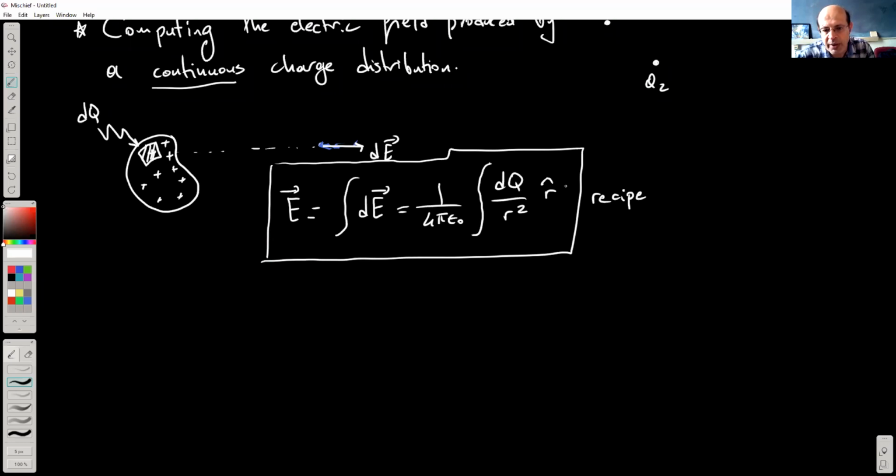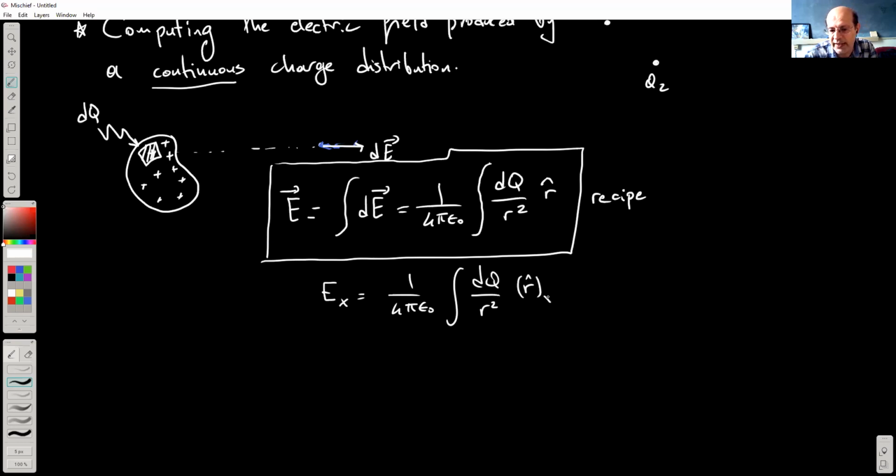Now I'm going to look at this r unit vector. That's basically an integral of a vector quantity. I know that most of you are not comfortable with vectors. For those cases, it's quite advisable to look at the components of the vectors and then integrate.